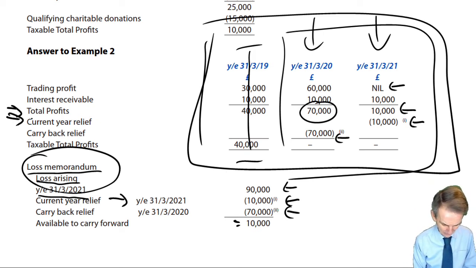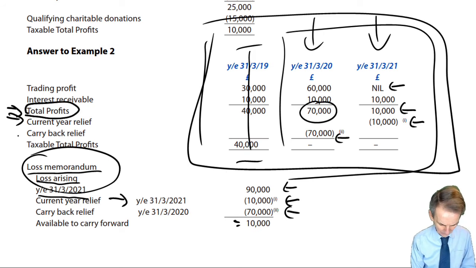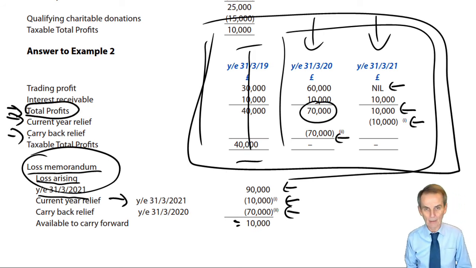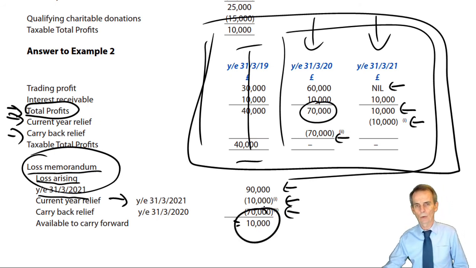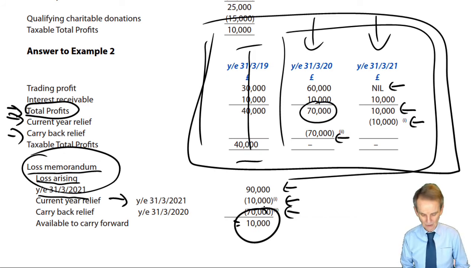Here, the current year relief used first, against, of course, total profits, and then followed by the carryback relief. If you do have anything to carry forward, then if they didn't give you any total profits for the next period, it would then just be a written response saying what could be done, what will be done with that 10,000. And that would be available to carry forward against any part of the future total profits of that company.